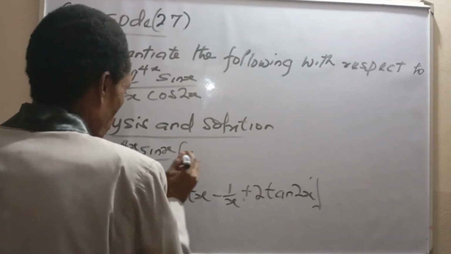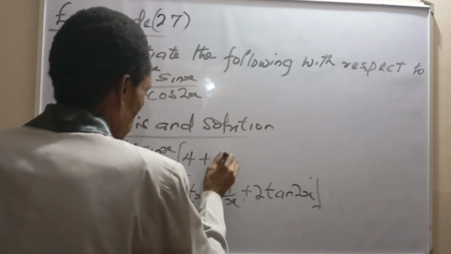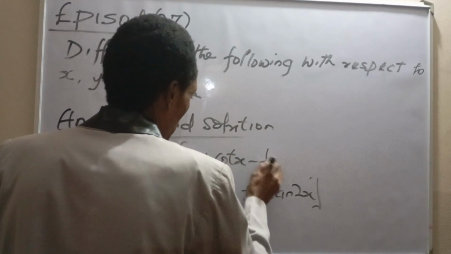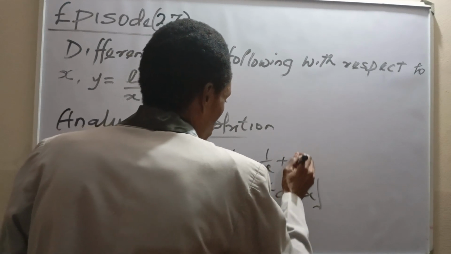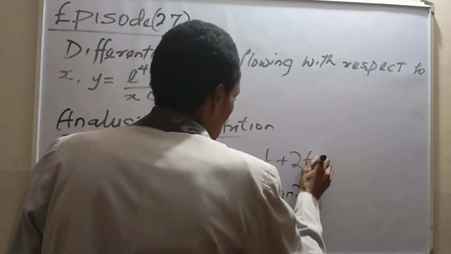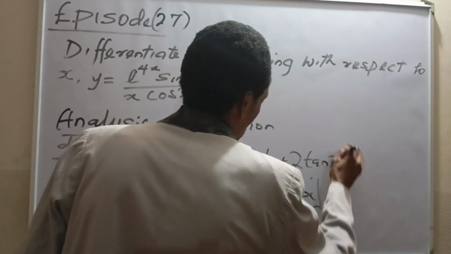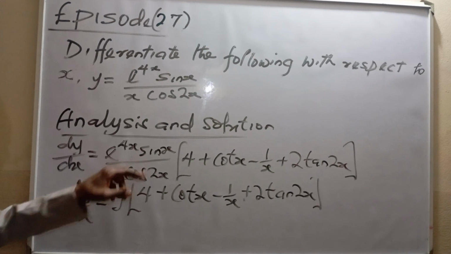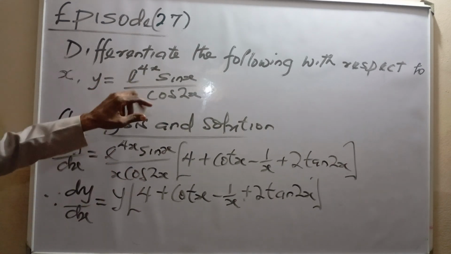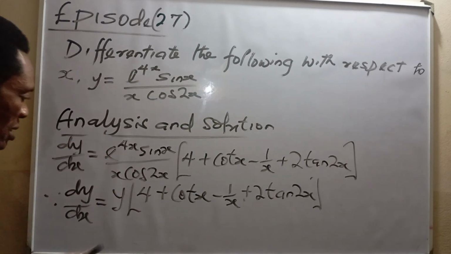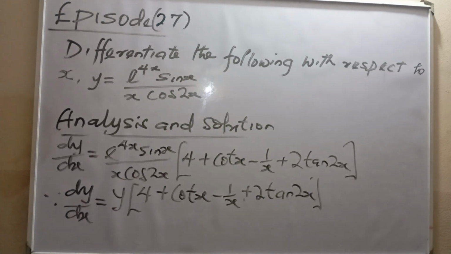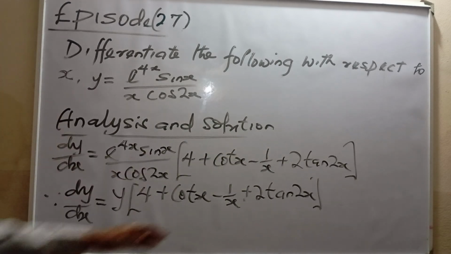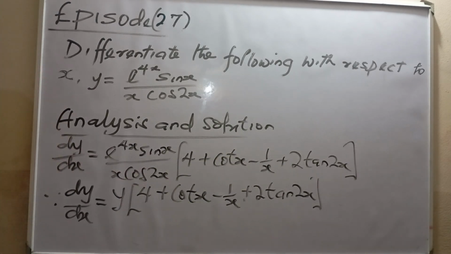This is 4 plus cot s minus the reciprocal of s, then plus 2 tan 2s. Okay, so you discover that our y is this from the main question. So all you need to do is to replace y by this. Then you rewrite this one just as what you have gotten here. And that is the answer.